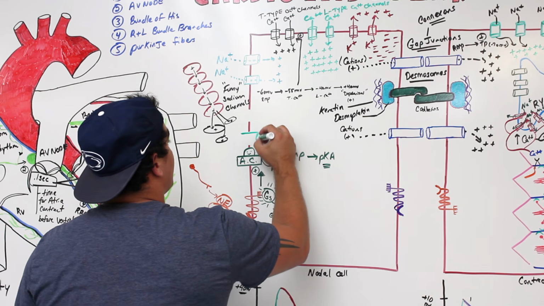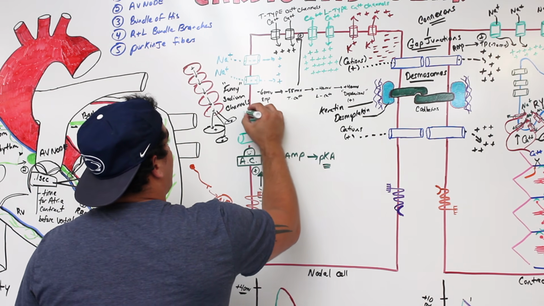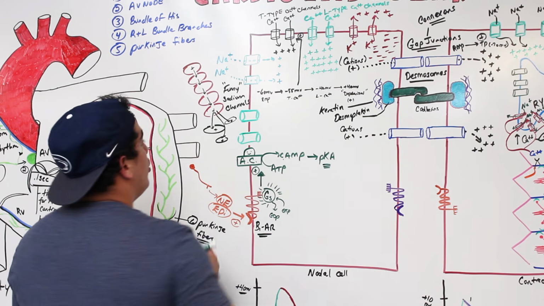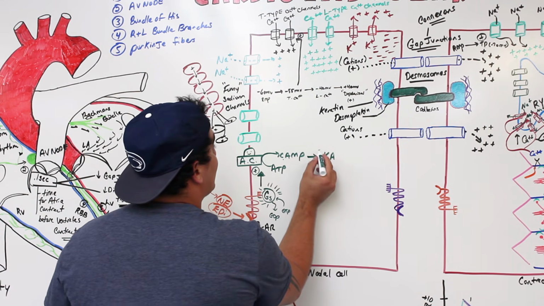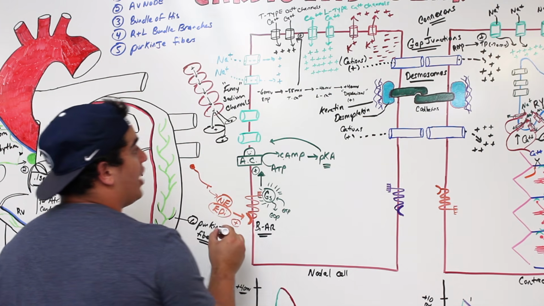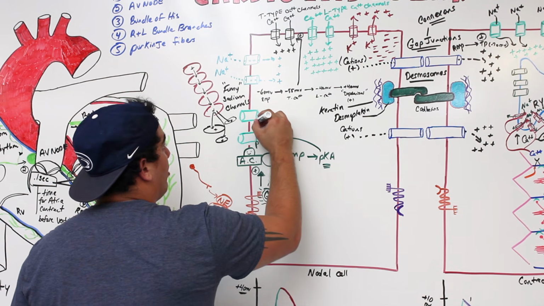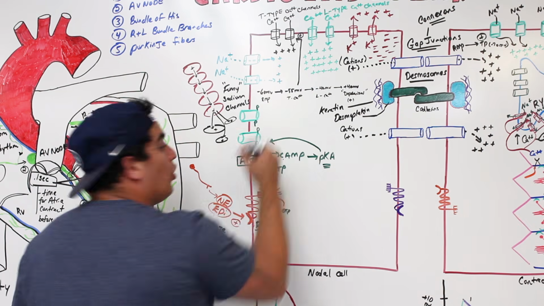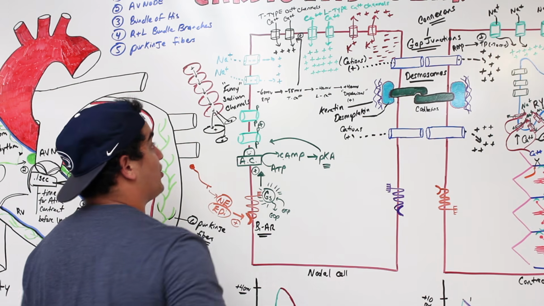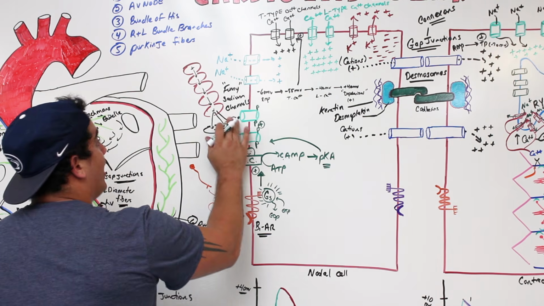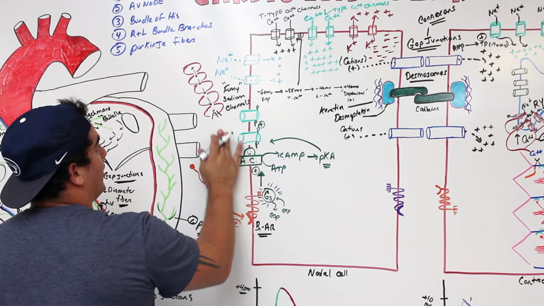Protein kinase A is going to come over and phosphorylate these channels, putting a phosphate on each one. When you put phosphates on these channels, it stimulates them to open. When these channels open, guess who starts flooding in?